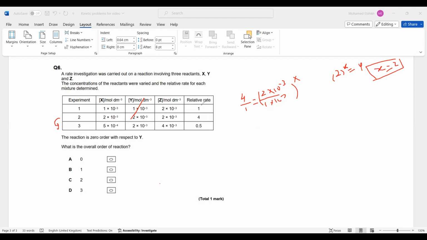Okay, now the relative rate here is 0.524. This equals the z, which is 4 divided by 2, minus 3, and here minus 3.